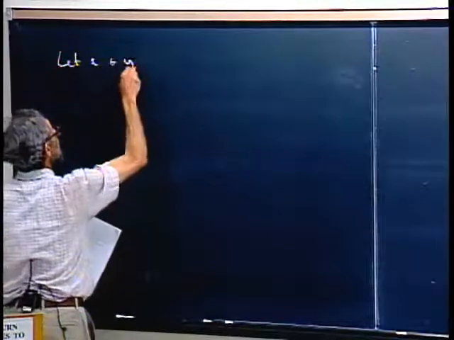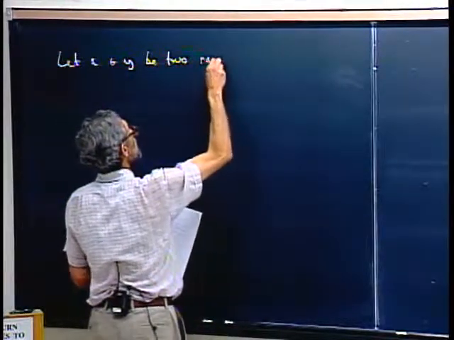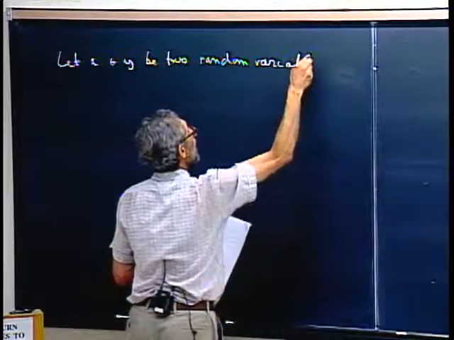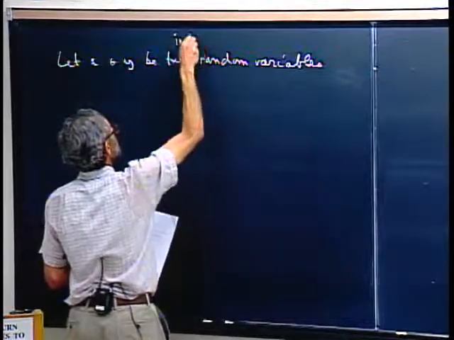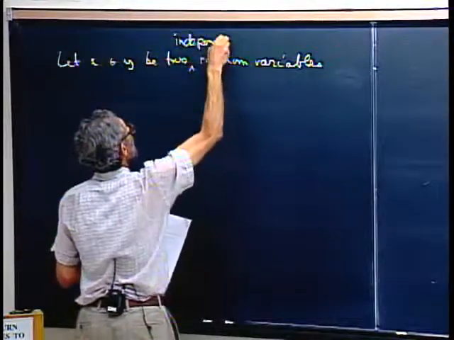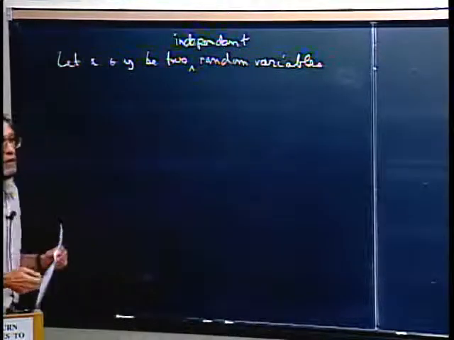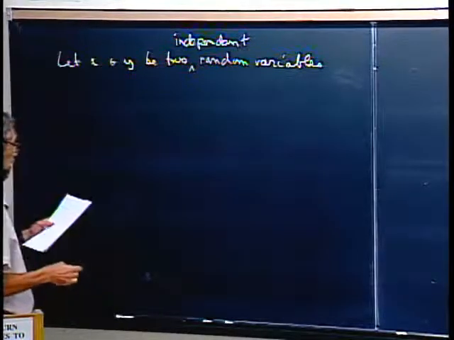Let x and y be 2 random variables. And actually, I want them to be independent. I wrote the definition of independent on the board last Wednesday, and I'll use it in the middle of this, so I'll be repeating it.